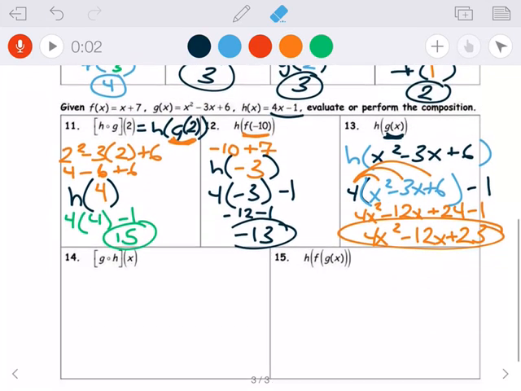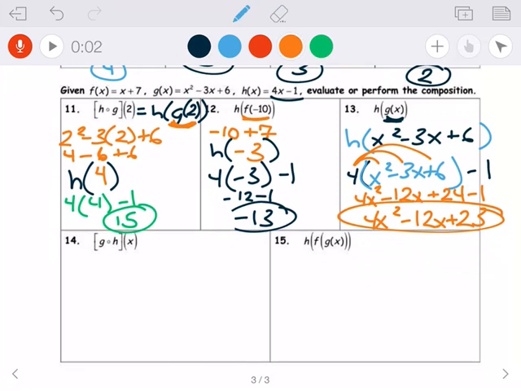So let's look at problem number 14. Remember, I always like to rewrite it. This is the same as saying g of h of x. So work from the inside out. Inside, h of x is equal to 4x minus 1. I'm going to take that to the outside function g and put that in place of every x.